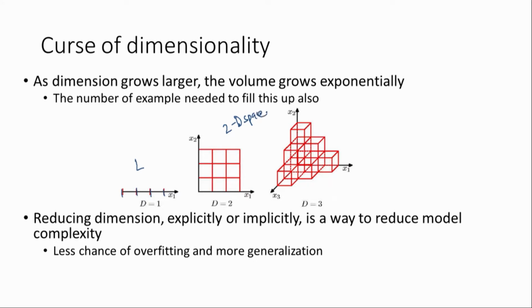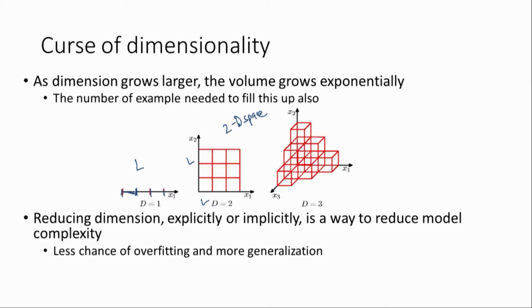Now suppose we have a two-dimensional space. Again, we have x1 and x2, and both x1 and x2 individually can go from 0 to L. Just like in 1D we had unit intervals, the corresponding area here would be a unit square.